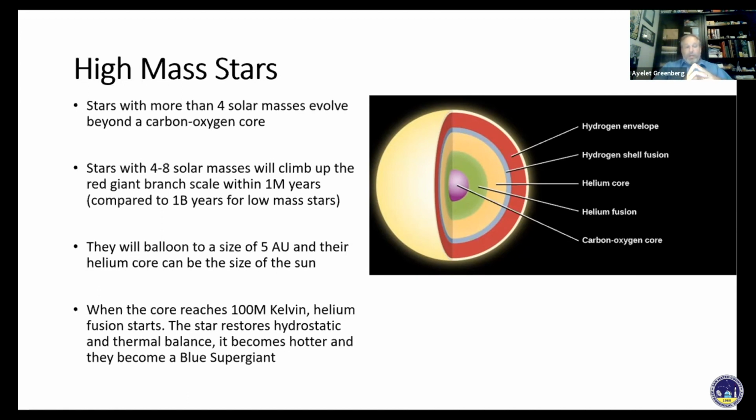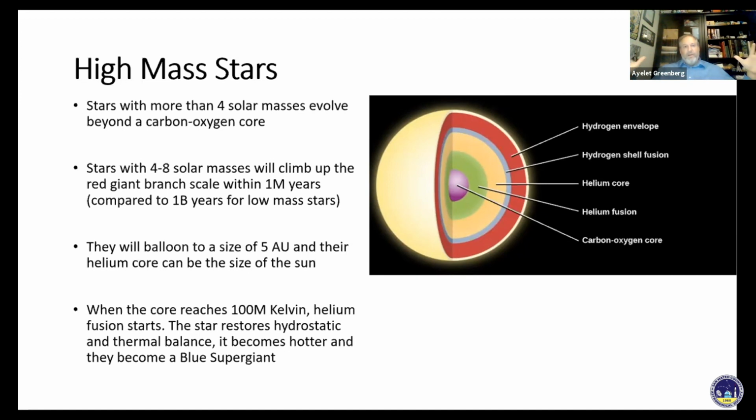Those stars will climb up the red giant branch within 1 million years. So below 4 solar masses, it could take them 1 billion years to go from the main sequence to being a red giant. With these stars, the process is so fast, it can be done in about 1 million years. And the size of this red giant could be as much as 5 astronomical units.